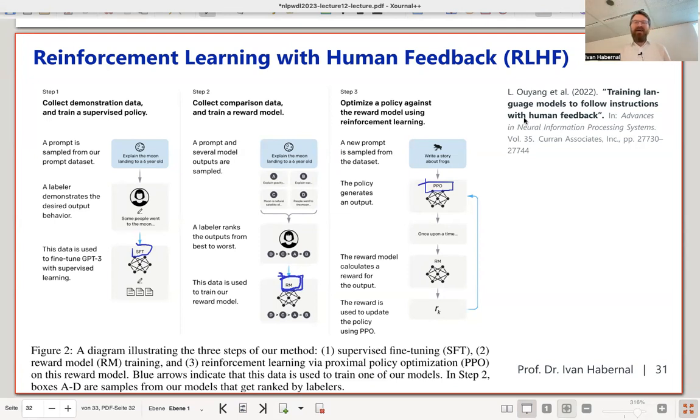Anyway, the second part is that you learn the preference model, and the third part is how to incorporate the preference model into the generation through this PPO stuff. So this is it. This is ChatGPT, this is Llama 2, this is state of the art 2023, 2024. This is the paradigm.